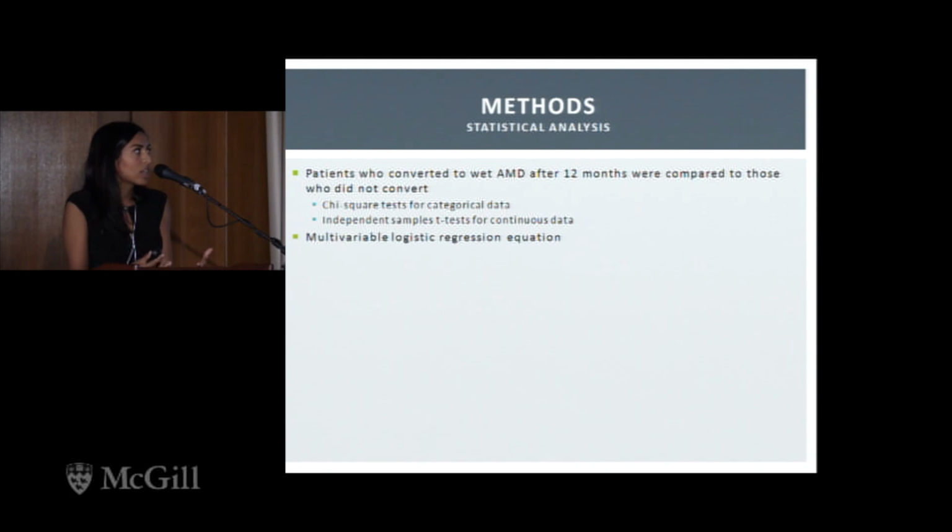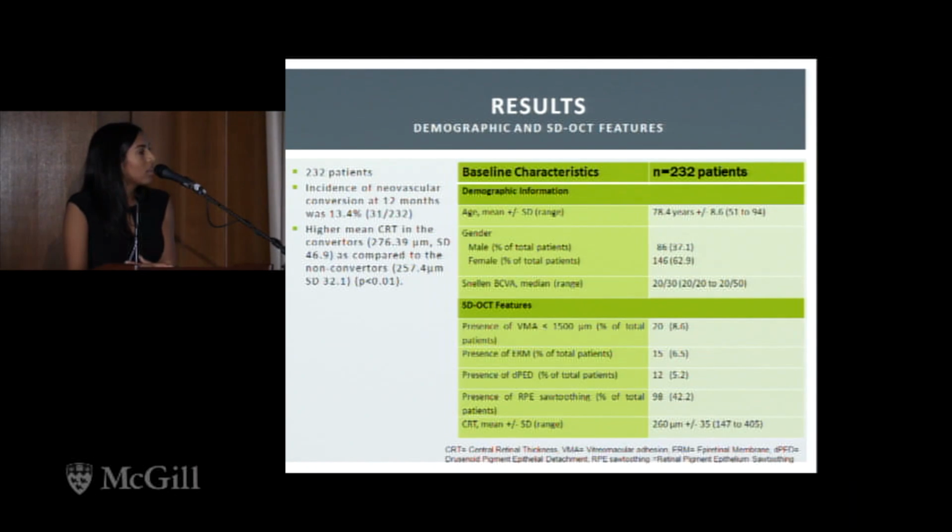Broadly speaking, we looked at the patients who converted and the patients who did not convert to wet AMD, and what was different between them. There were 232 patients overall that were included. The mean age was 78.4 years. Overall, 13.4% converted to wet AMD by the end of the study.